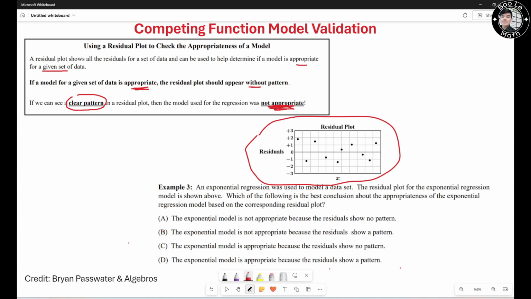Which of the following is the best conclusion about the appropriateness of the exponential function? So, question A. The exponential model is not appropriate. This is wrong, right? The exponential model is appropriate because the residuals show no pattern. We look at this one, we see no pattern. So, this is the right answer.